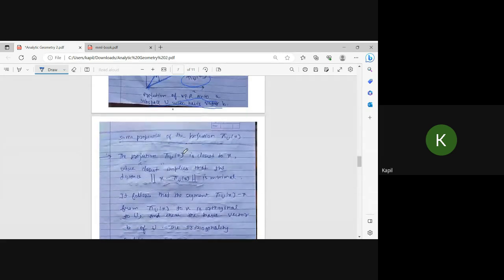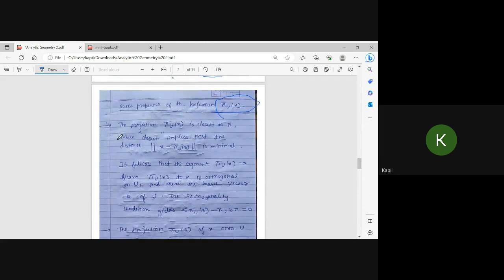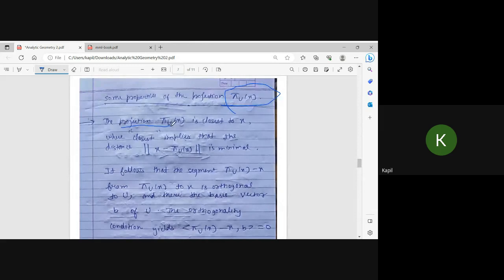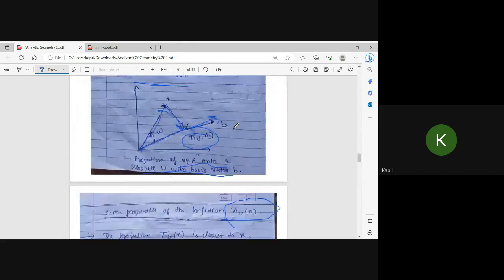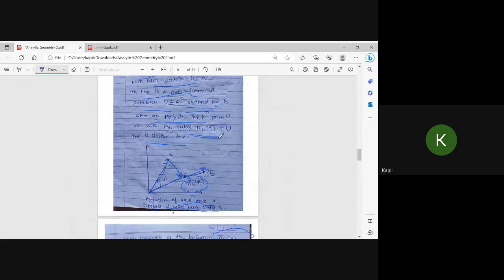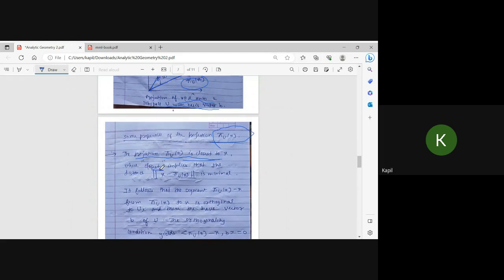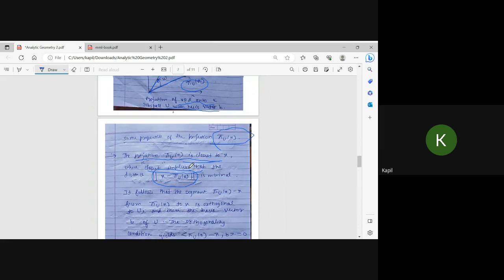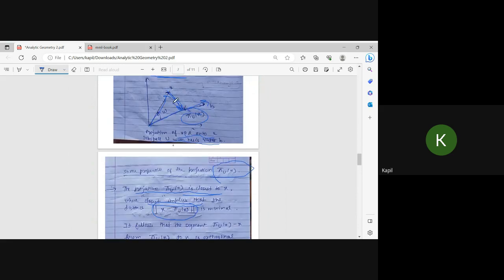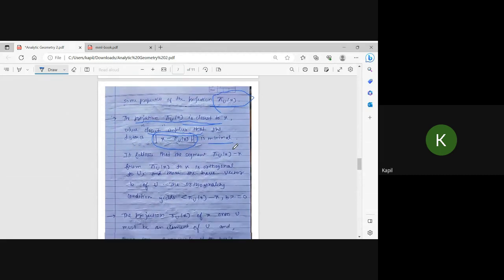Some properties which our projection pi_U(x) satisfies. The first property is that the projection pi_U(x) is closest to x. As we have seen in the definition, we seek the vector pi_U(x) that is closest to x, where closest implies that the magnitude of the distance from x to pi_U(x) should be minimal. So we can say that pi_U(x) is closest to x.